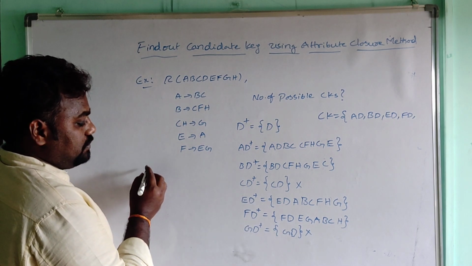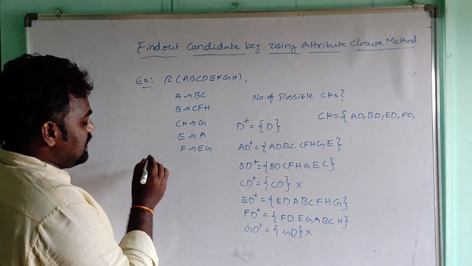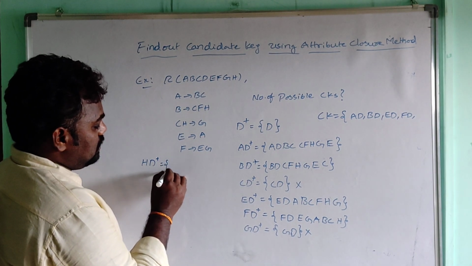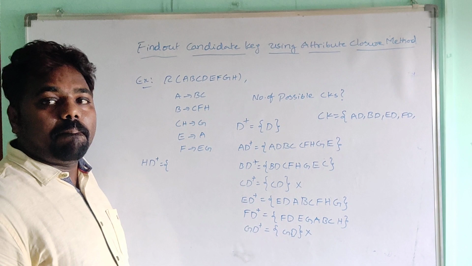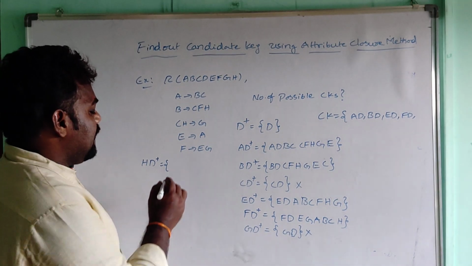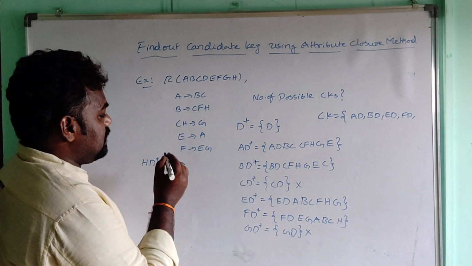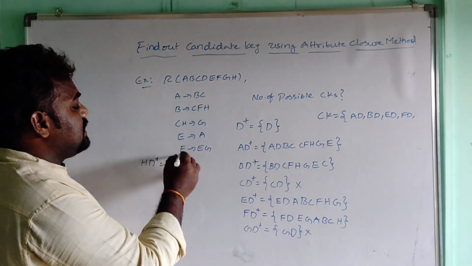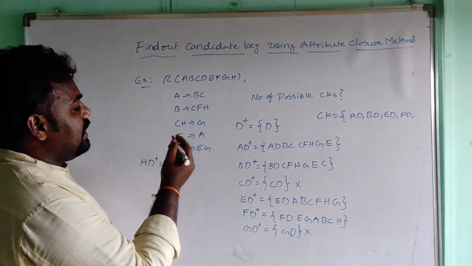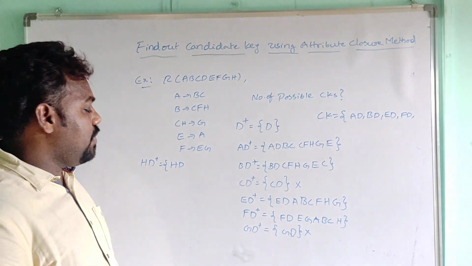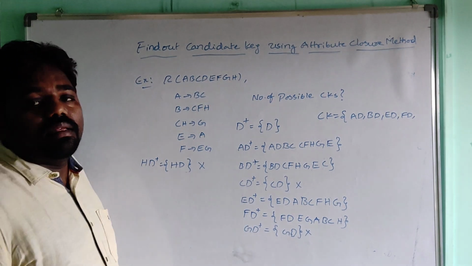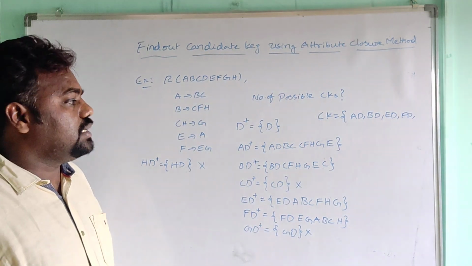After G, H is there, HD plus. Here HD always determines HD. By using H we cannot determine any other elements. This is also not a candidate key for this relation.